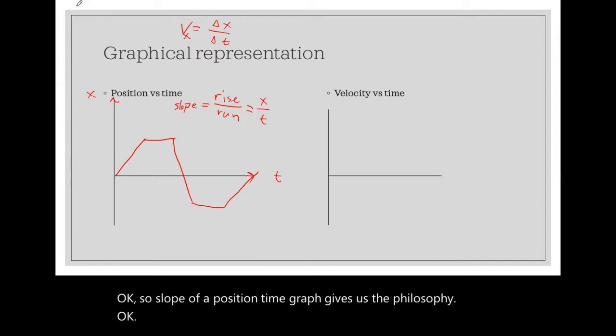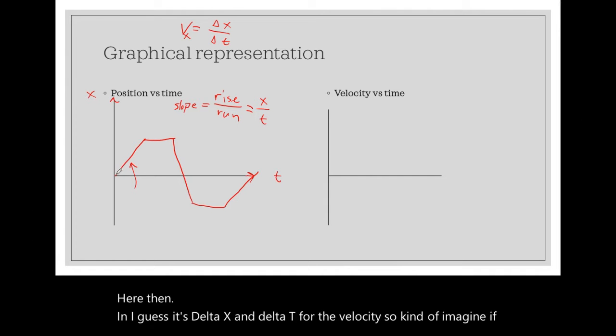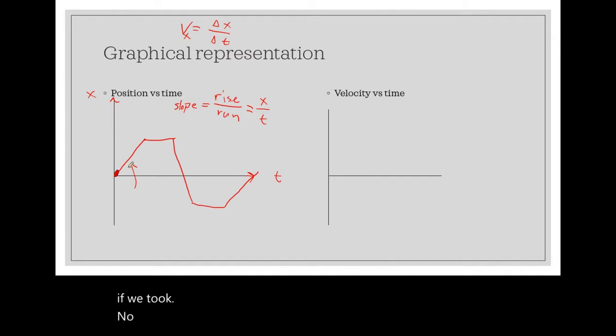That makes sense, right? So here it's delta x and delta t for the velocity. Imagine if you took this point and this point, and we took the slope of it.